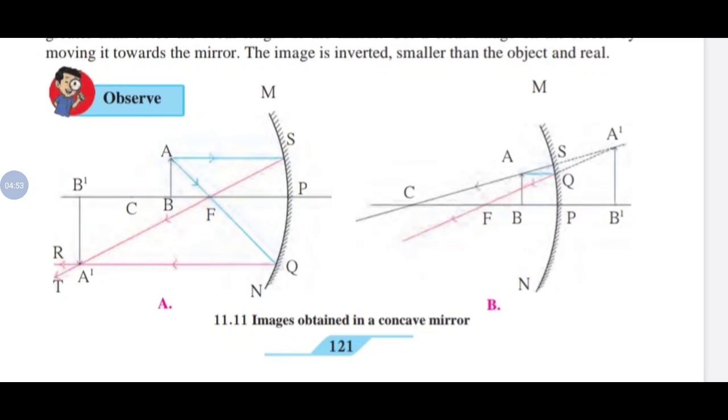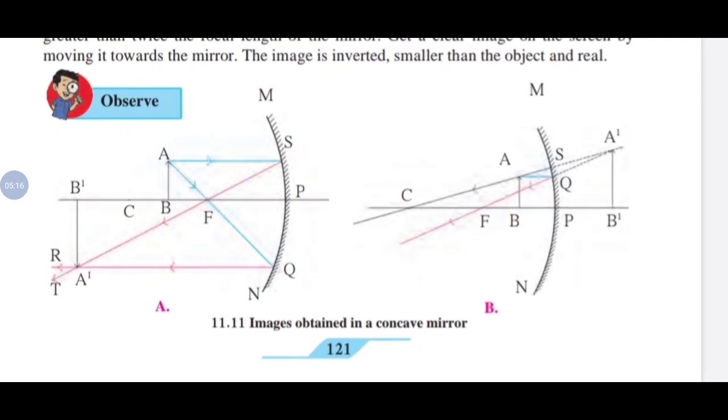First of all, the blue color, check that. The first incident ray is from point A towards the mirror, shown by the blue line, parallel to the principal axis CP. One more incident ray passes through the point F, the focus, up to the point Q on the mirror. So AQ is the second incident ray and AS is the first incident ray.